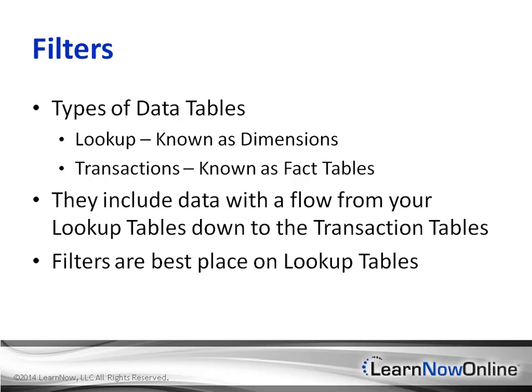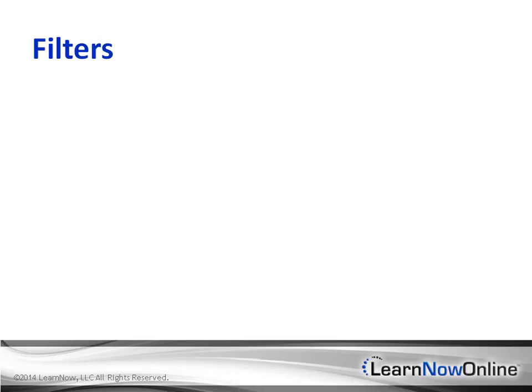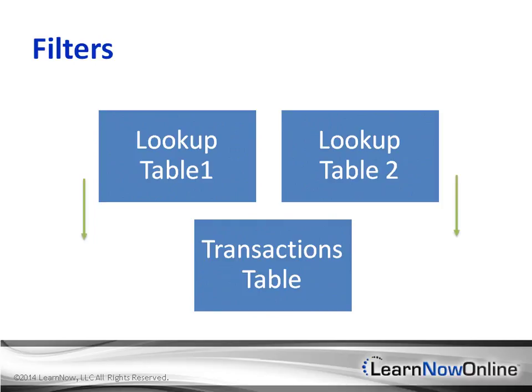Let's take a look at an example that I have here as to how this applies. Imagine that your transactions table is, in our case, the order details table. And on top of that we have two related tables: lookup table 1, lookup table 2. One or two could be either your products or your categories.